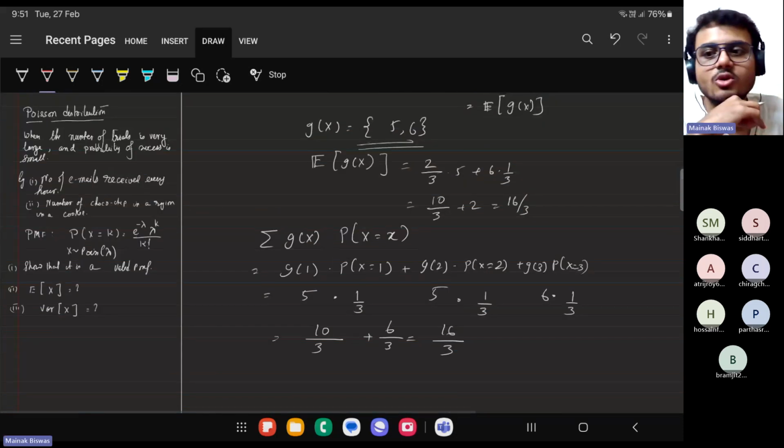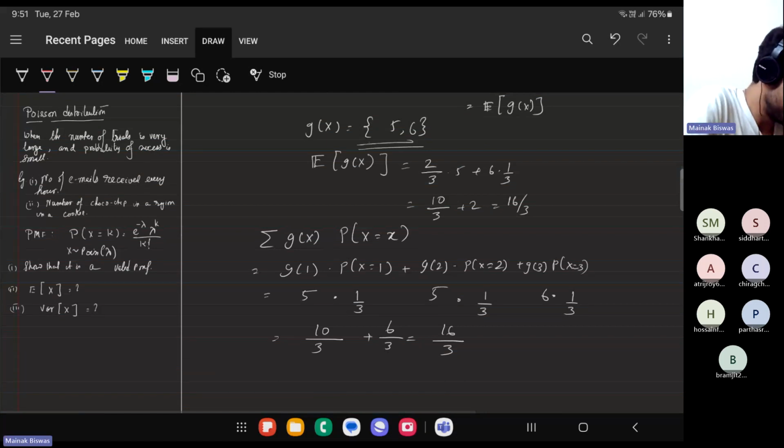So a Poisson distribution is a generalized version of a binomial distribution.